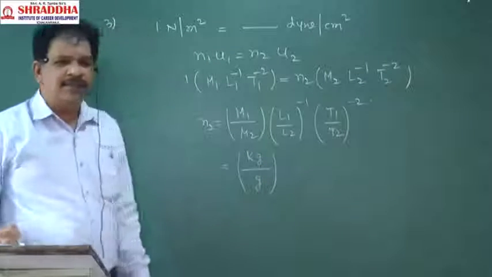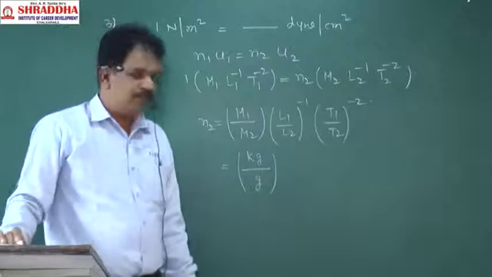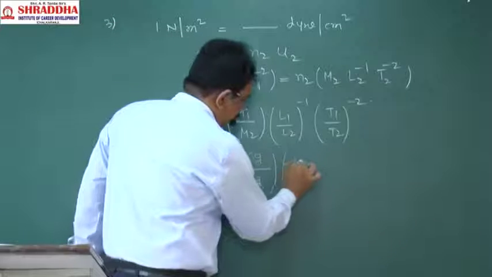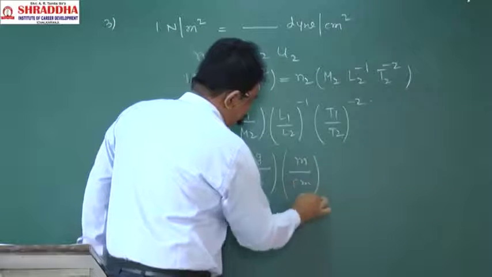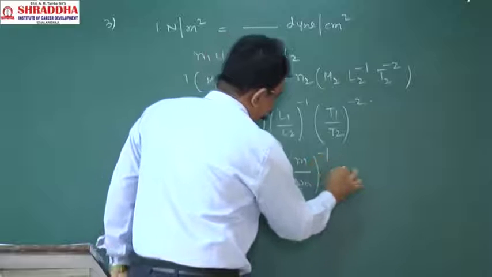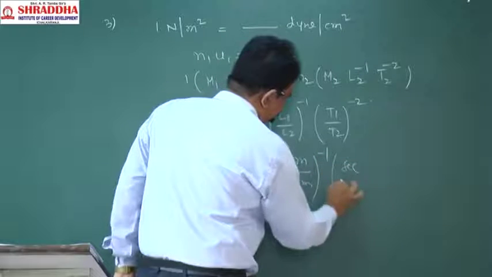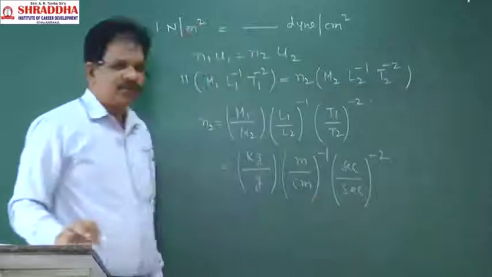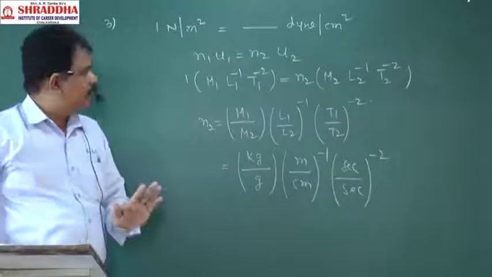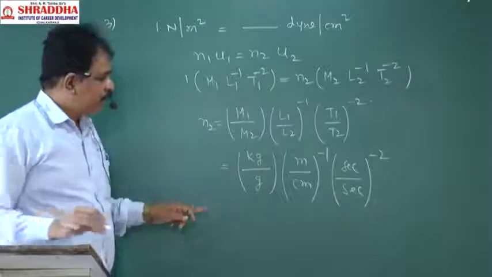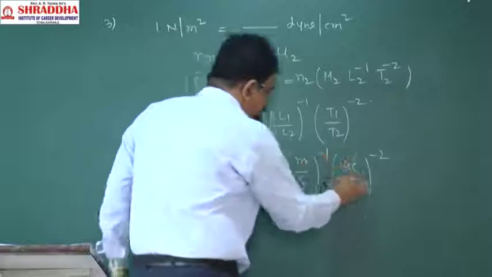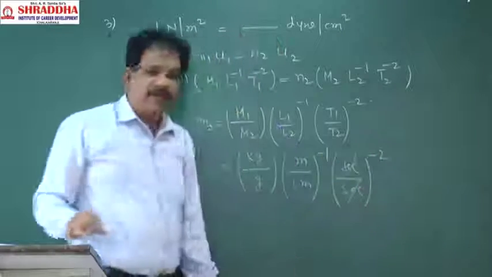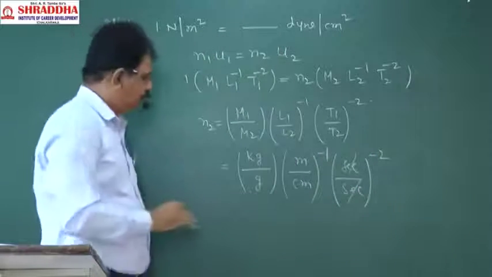In CGS system mass will be gram. Here meter, here centimeter. Here second, here second power minus 2. Clear? Procedure will be same only. So second will cancel. 1 power minus 2 means that is 1 only.